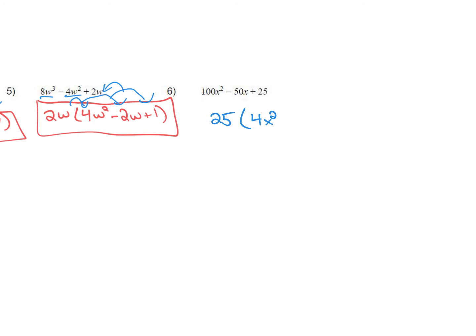And since we're not factoring out any x's, that stays x squared. 50 divided by 25 is negative 2. And again, we're not taking out any x's, and anything divided by itself is going to be a plus 1. And again, we should be able to check by distributing and confirm that we are good.